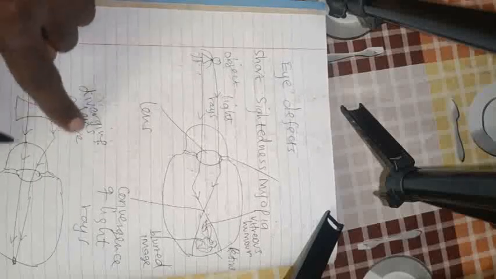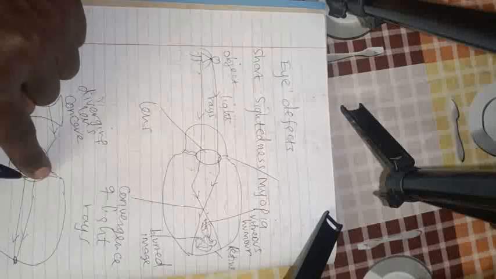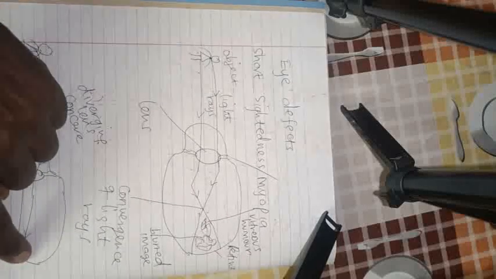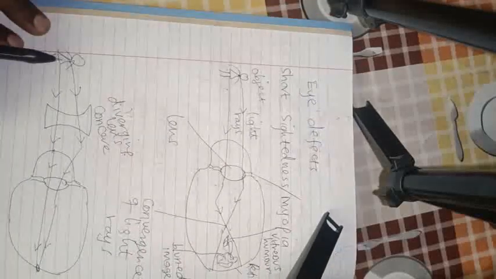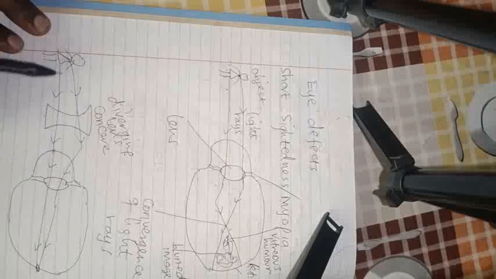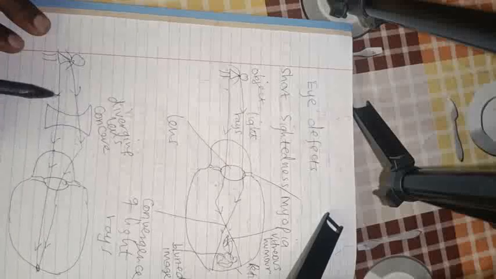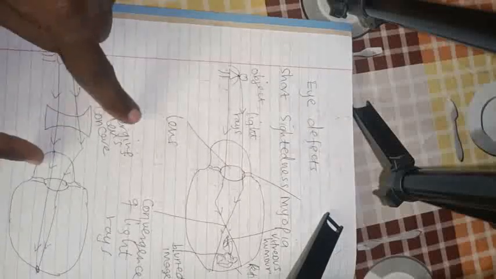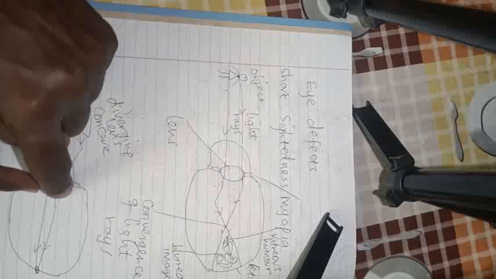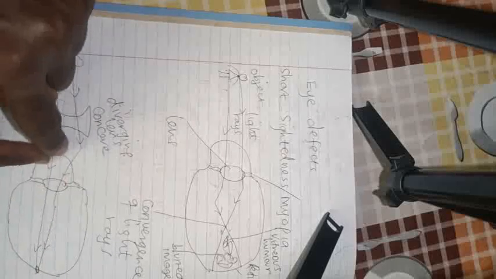When the rays are well diverged on reaching the lens, they get converged on the retina. Look at that. On reaching the concave lens, the rays diverge, and after diverging, they get well converged on the retina by the lens and the cornea. That is a remedy for correcting short-sightedness.